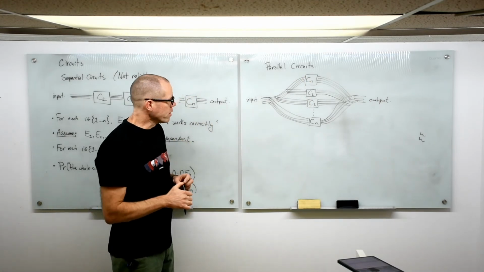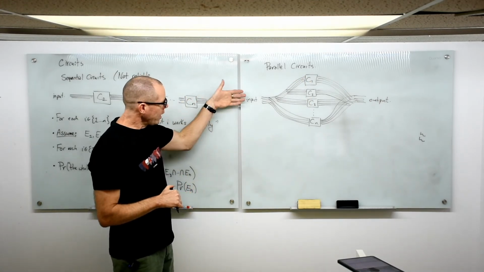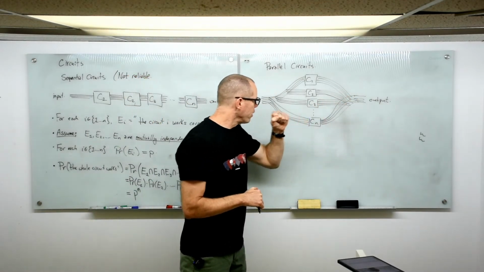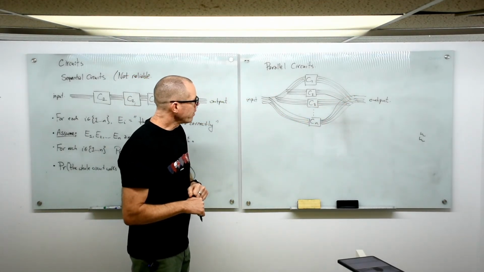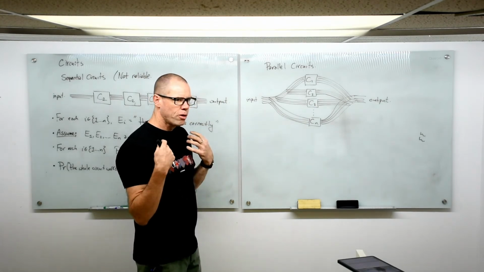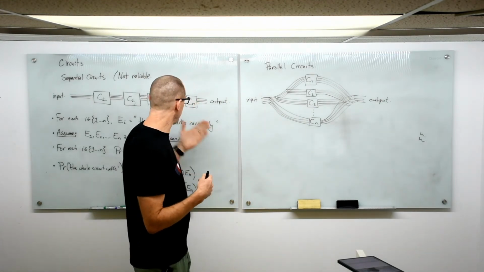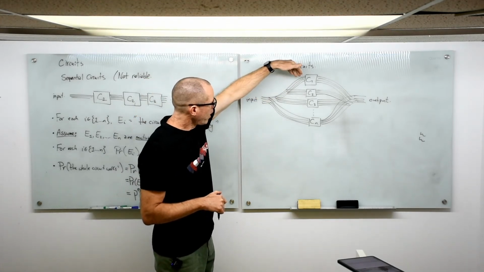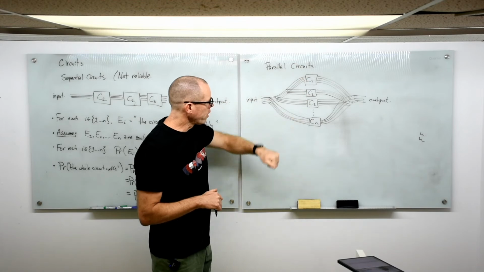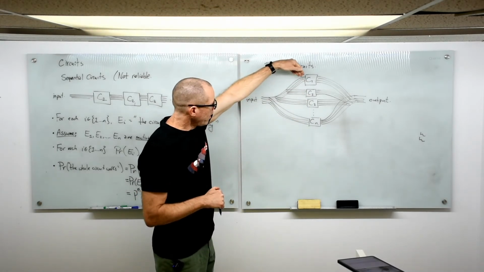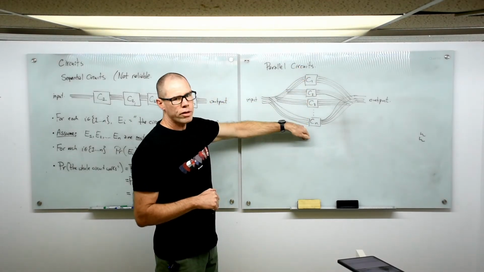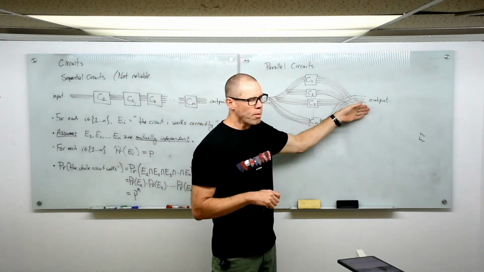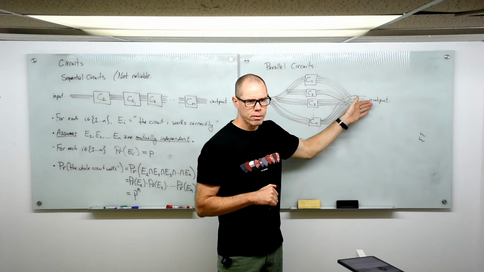you'd build these things so that there's an input or an interface on one side, output on the other side, and things don't pass through these circuits sequentially like this. Instead, each input goes to each circuit, and as long as at least one of the circuits works, then some output will come out that's correct.